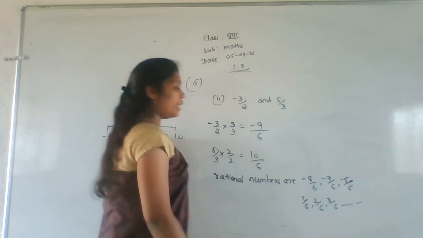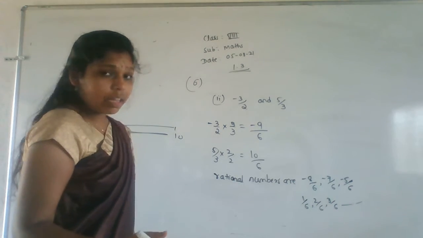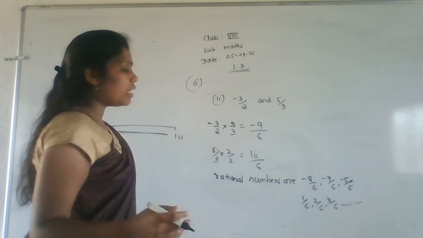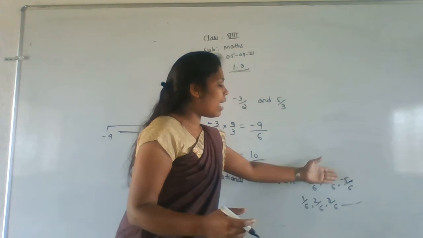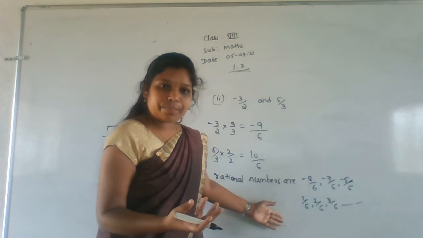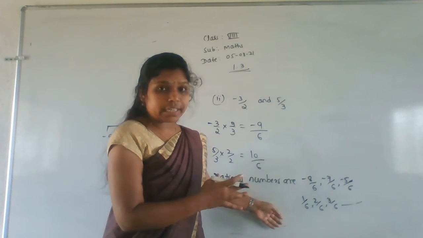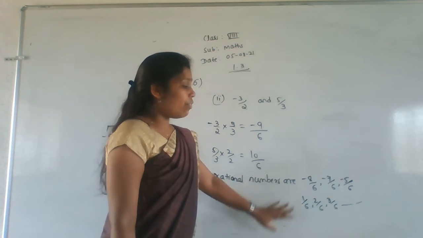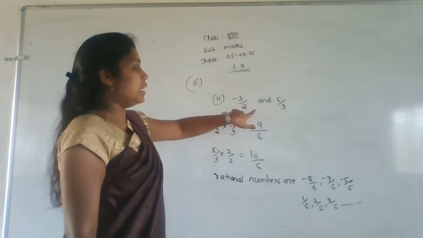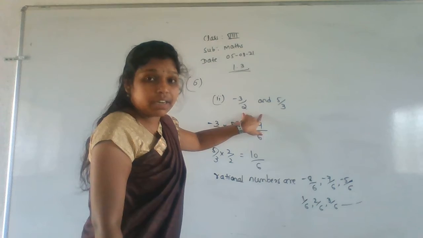In between minus 9 to 10, you can change the numerator value and write any number. Just 5 numbers you have to write here. So these are the 5 rational numbers in between these two given rational numbers.